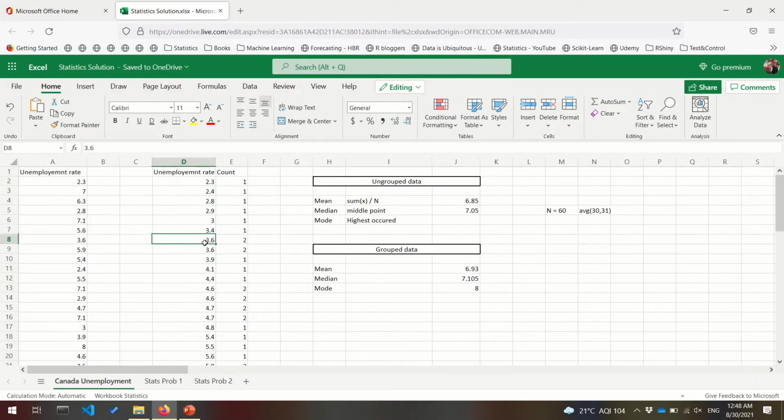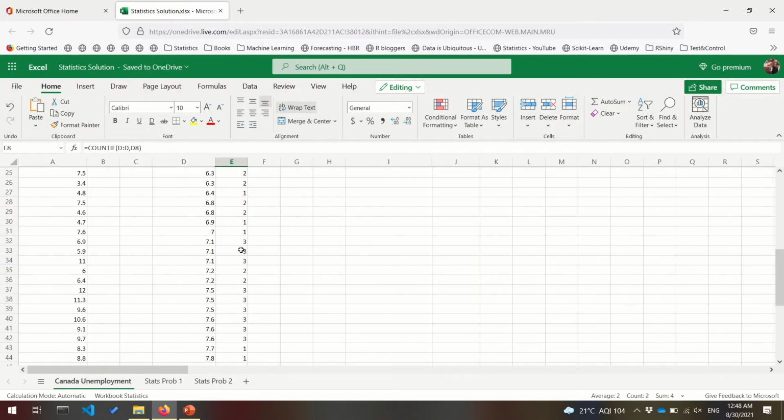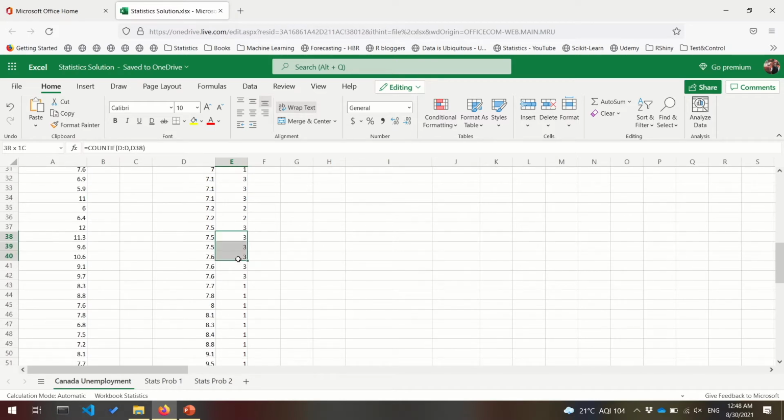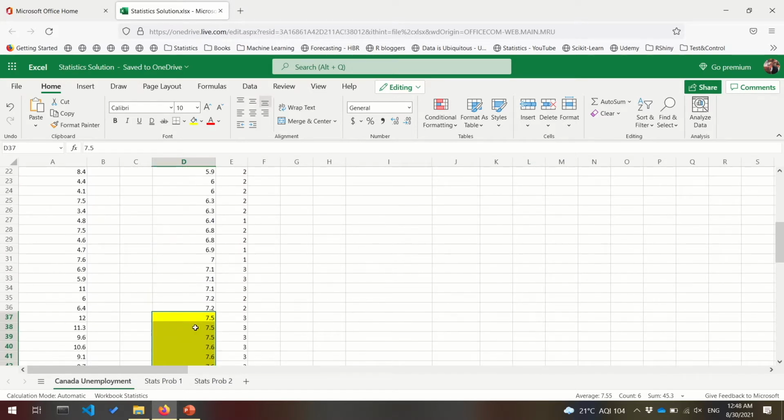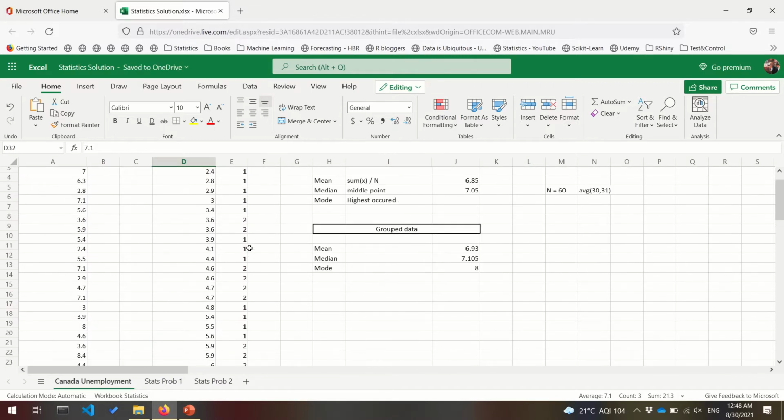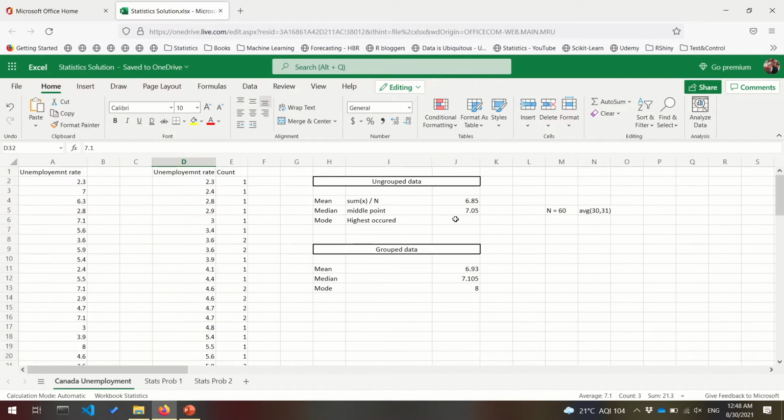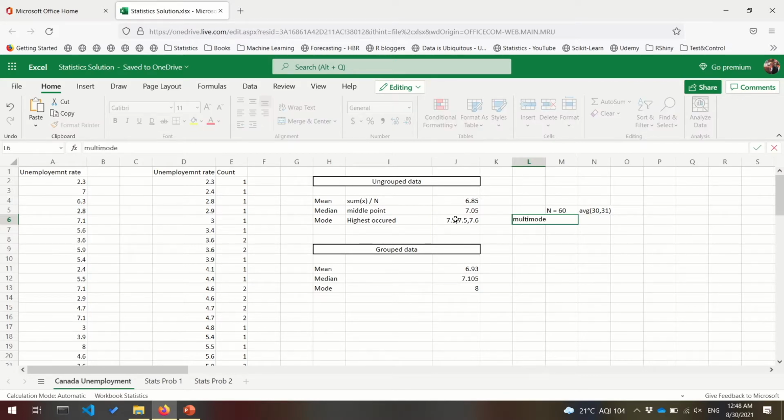We see that this data point has two occurrences. A few data points have 3 occurrences, like 7.1, 7.5 and 7.6 each occur 3 times. I'll just highlight it. So far this is the highest number of occurrences that I have seen, 3. So 7.1, 7.5 and 7.6. This is definitely multimodal data, where we have more than one mode.